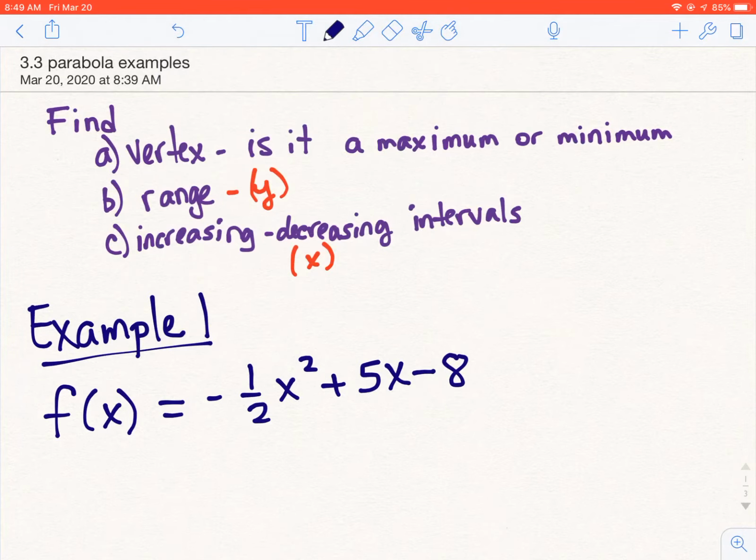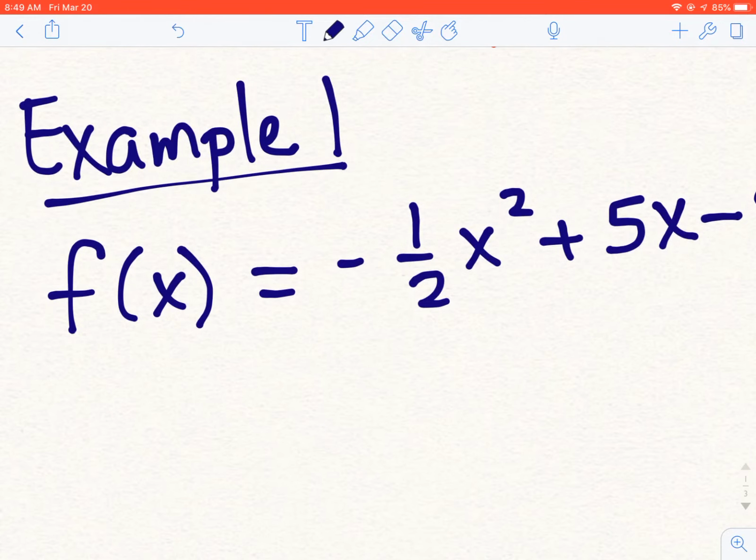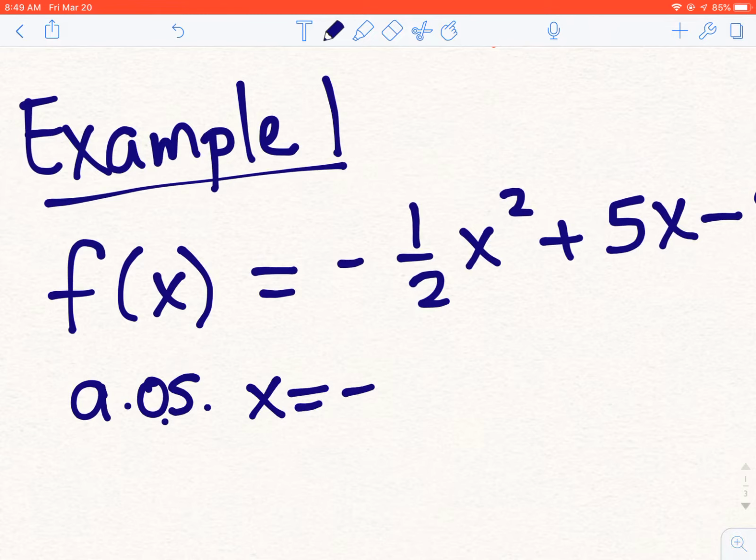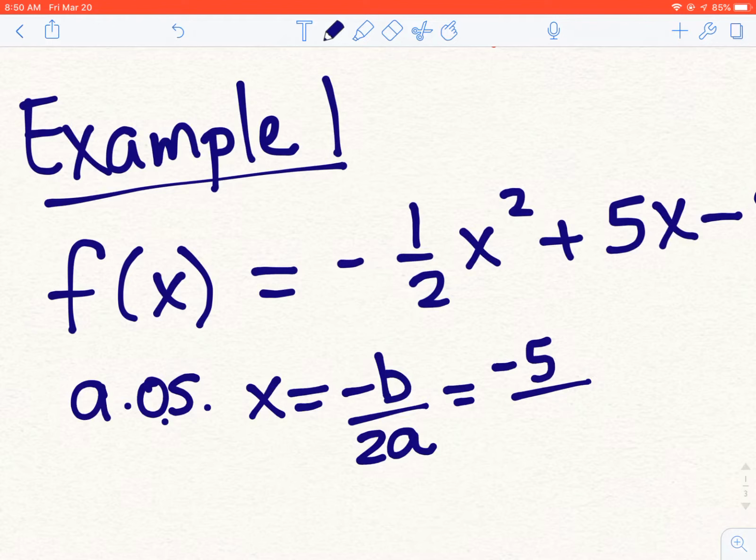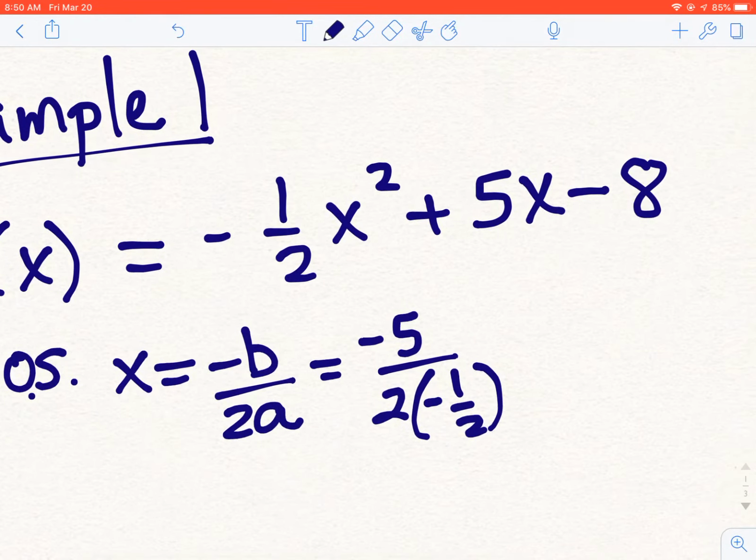All right, so the vertex, remember we find the axis of symmetry. Remember in the last video we said AOS for axis of symmetry, and that's x equals negative b over 2a. And that is negative 5 over 2 times negative 1/2, because that's a. And so that's going to be just plain Jane 5. Okay, so x equals 5. Good. And that's the x coordinate for my vertex.